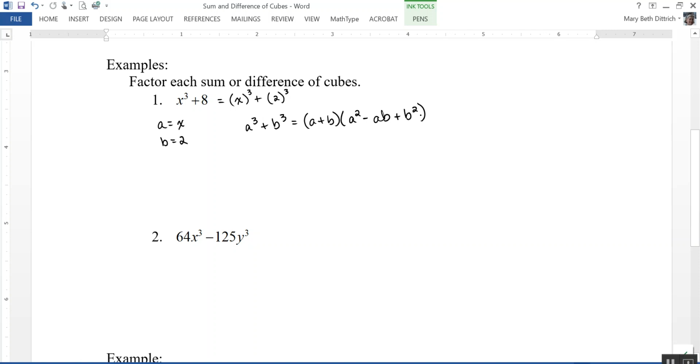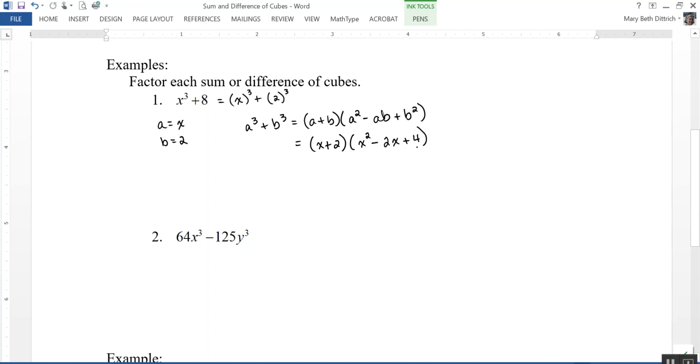And now I just substitute in those values. So a plus b is going to be x plus 2, and then a squared is x squared, minus a times b is 2x, plus b squared is 4. And that's factored.